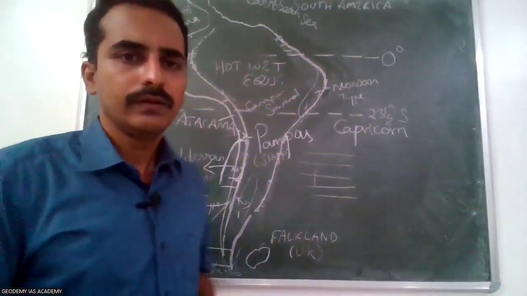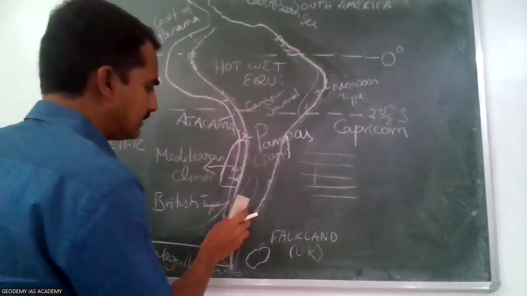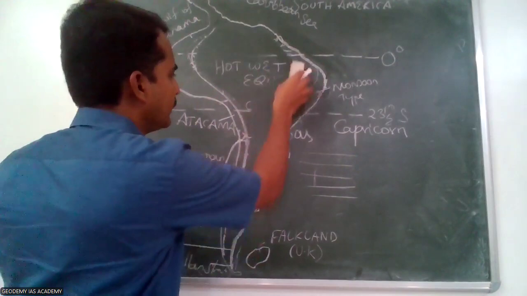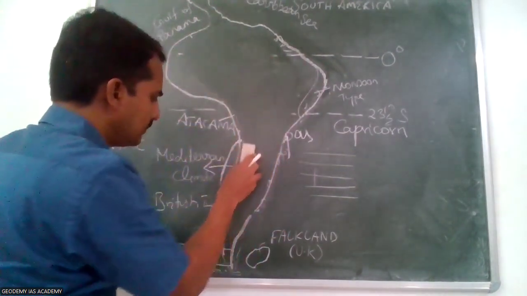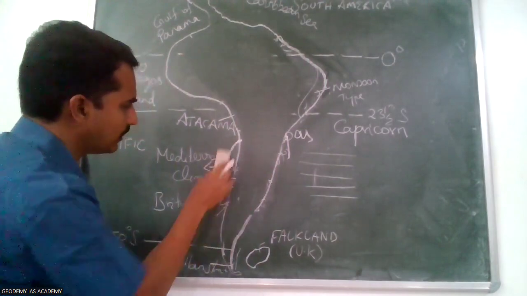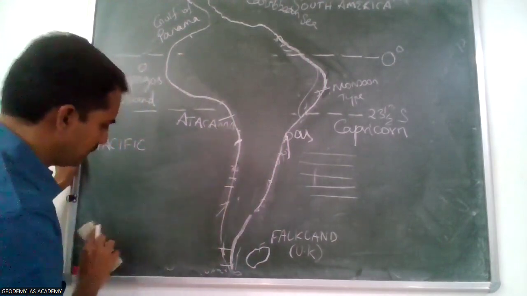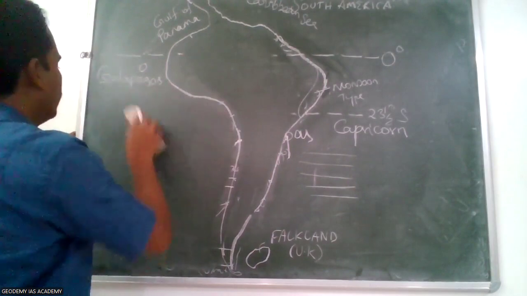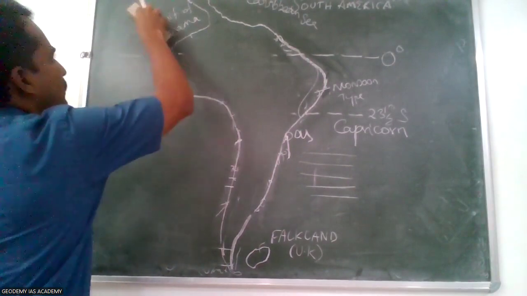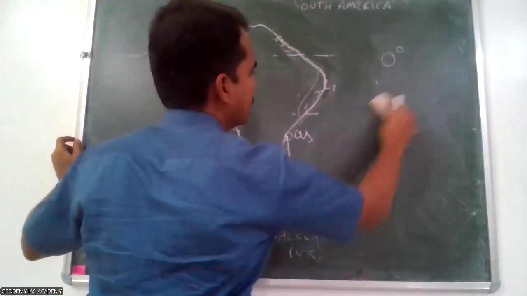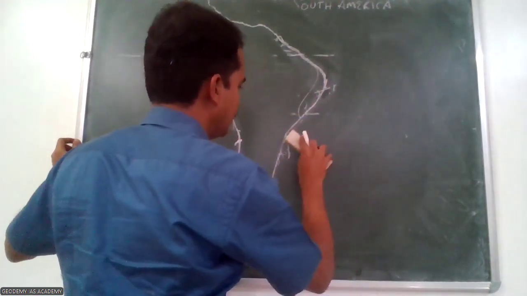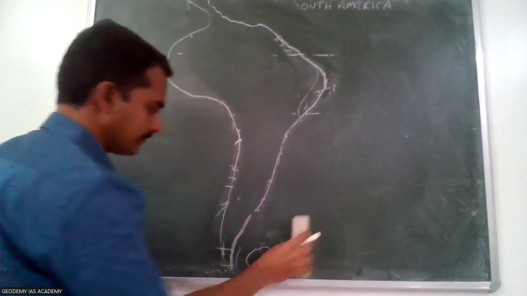Okay, and simply you can remember the countries in South America, because very few countries are there, and among them Brazil is the largest country. Okay, the equator passes through this region, and the country is Ecuador, and Colombia, it was named after Columbus.